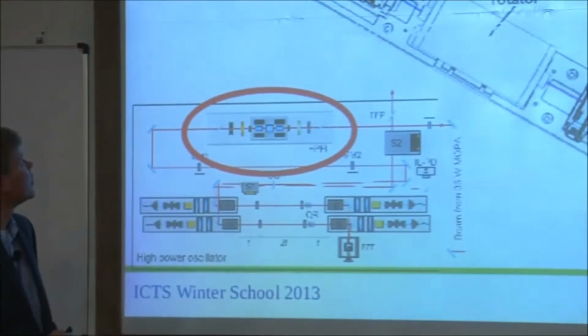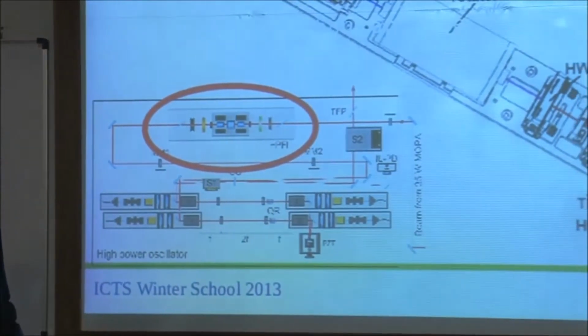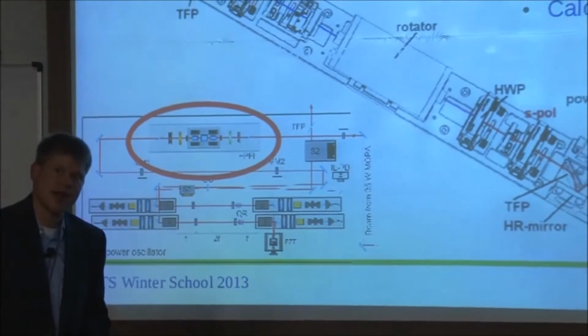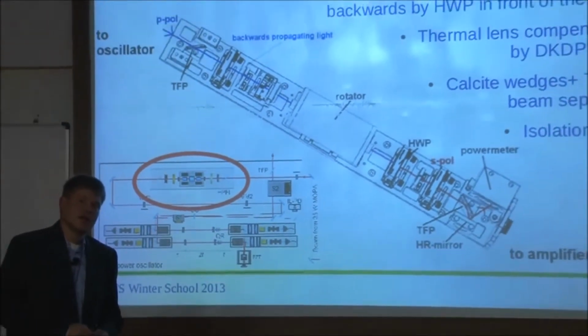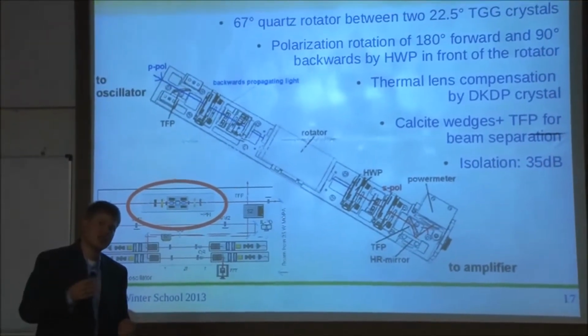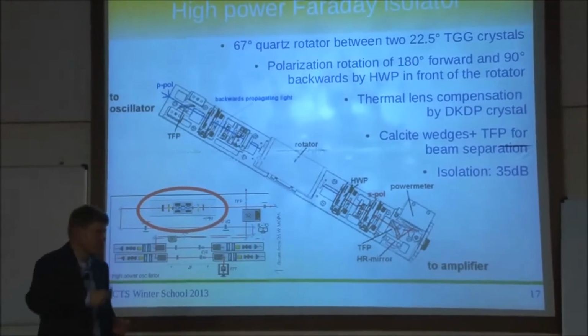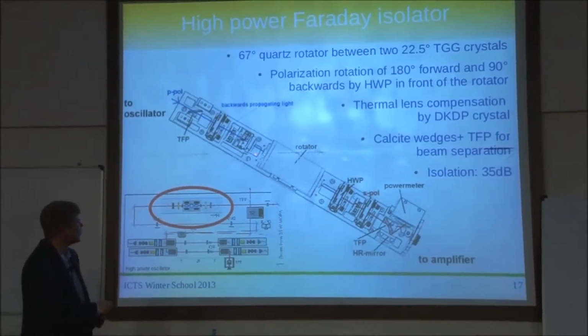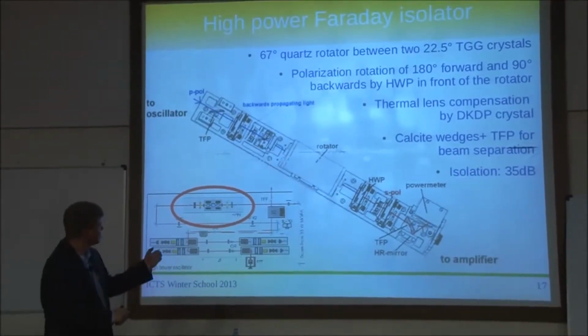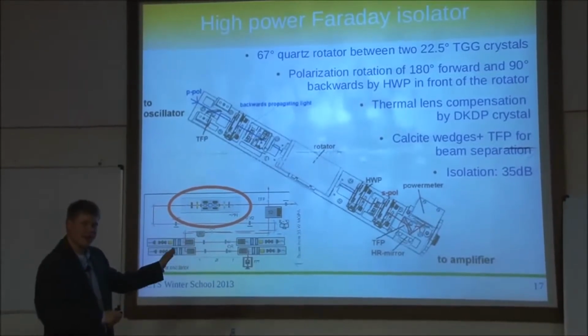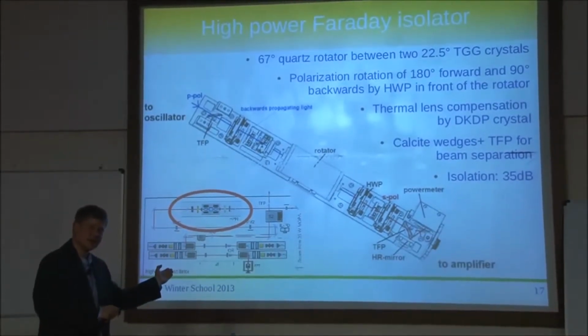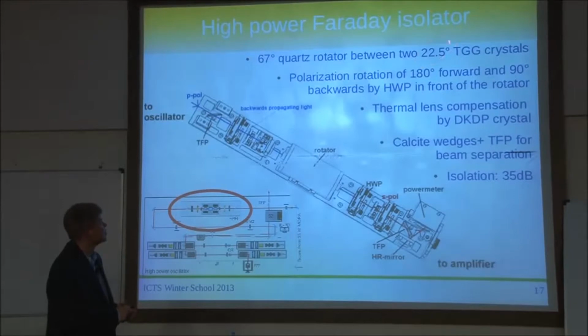So you have this 67-degree quartz rotator, which works together with a magnet. And the rotation goes only one way. If you go this way, then the 67 degrees go like that, and if you go back, then it rotates the other way around. Together with these two TGG crystals, you have to subtract or add this number.